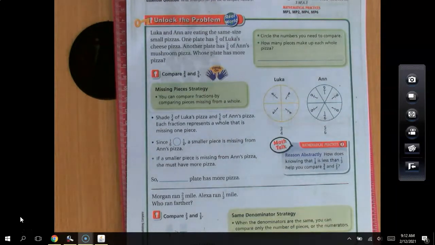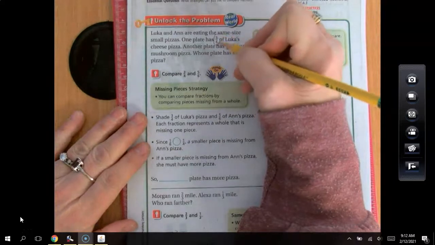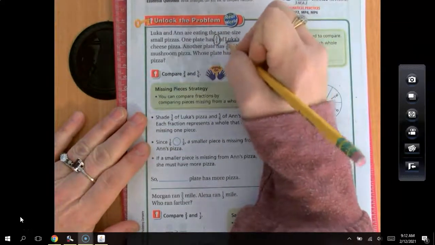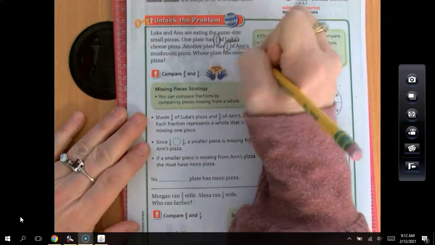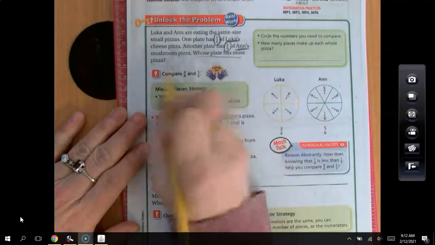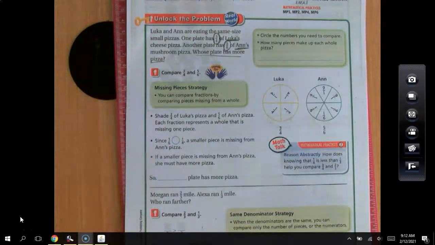I think it's always important to look at the problem and decide what information we need in order to solve it. I know that I have 3/4 for Luca, and 5/6 for Anne. They're asking me whose plate has more pizza.